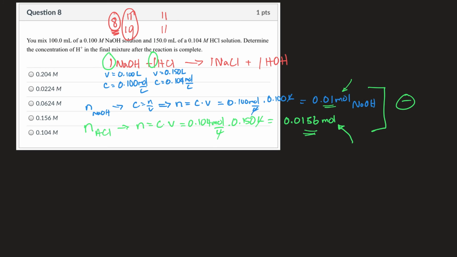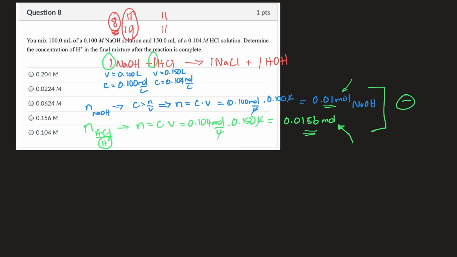And then I'm going to use just the concentration formula to figure out what the concentration of that is. Notice that I'm thinking HCl and H+. I'm treating those as the same because HCl is the acid. It's the thing that gives me hydrogen ions. So I'm thinking of them as being the same.